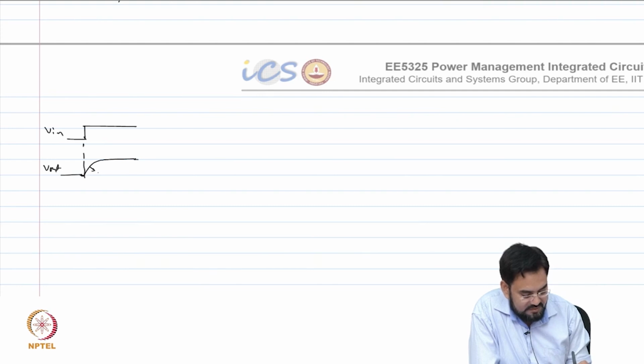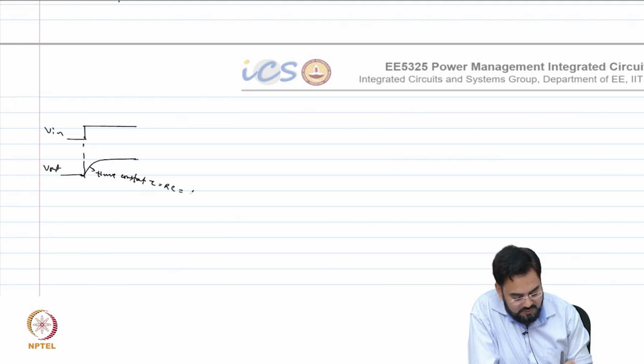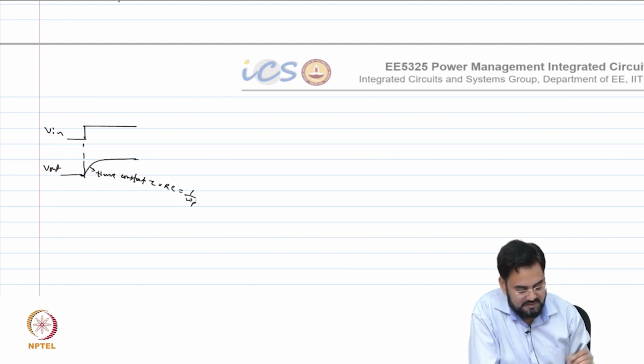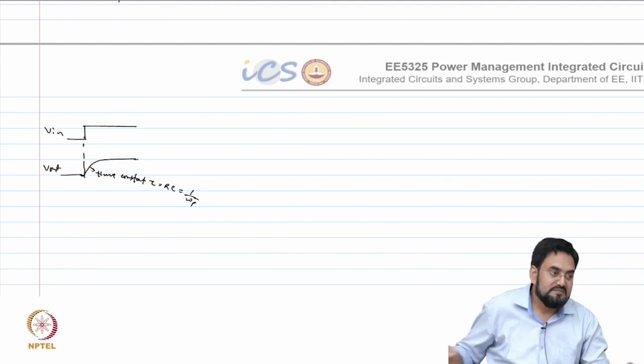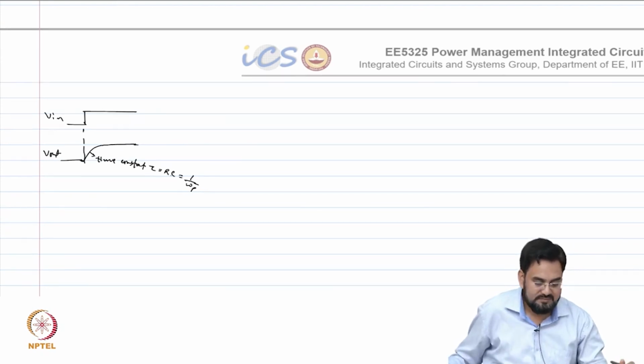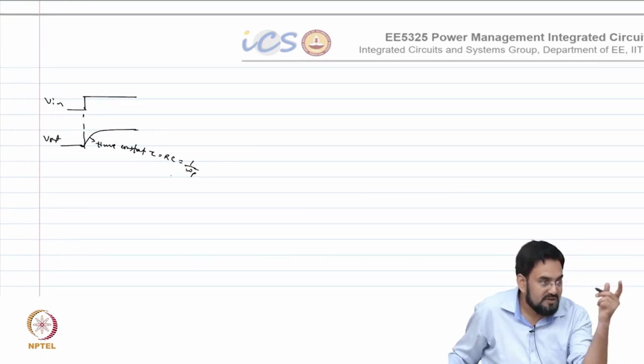And this is your time constant tau. If you write it in terms of RC, then it becomes RC equal to 1 over omega p, which is your pole. Closed loop pole, not the open loop pole.